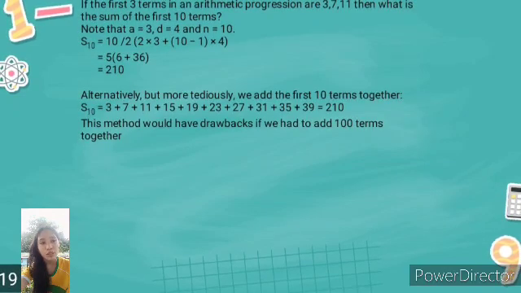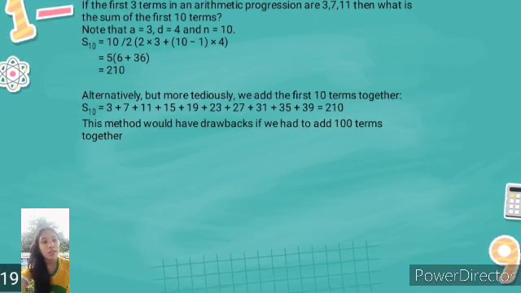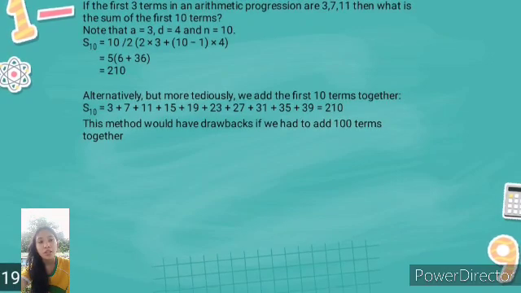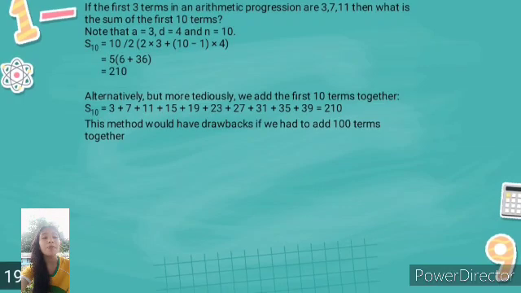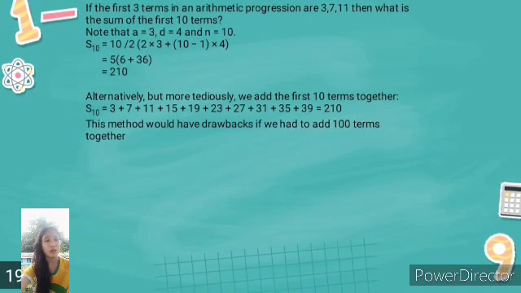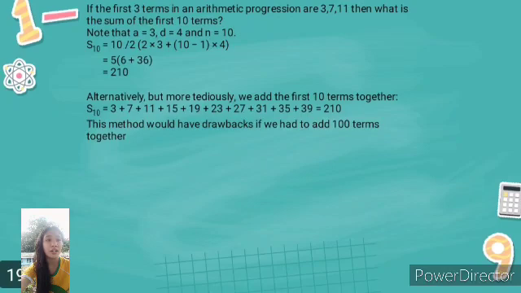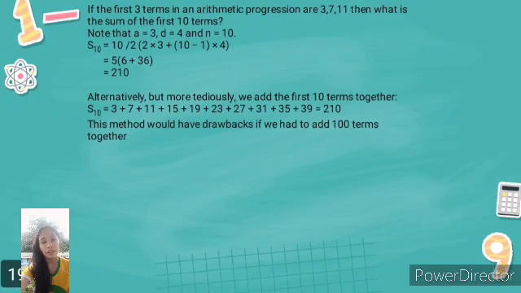Alternatively, but more tediously, we add the first 10 terms together: 3 plus 7 plus 11 plus 15 plus 19 plus 23 plus 27 plus 31 plus 35 plus 39 equals 210.